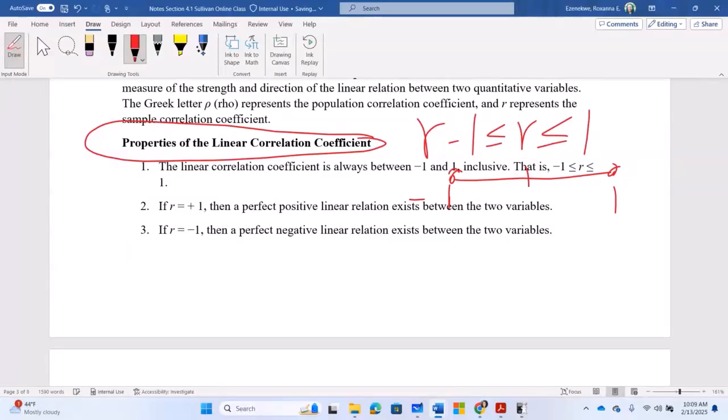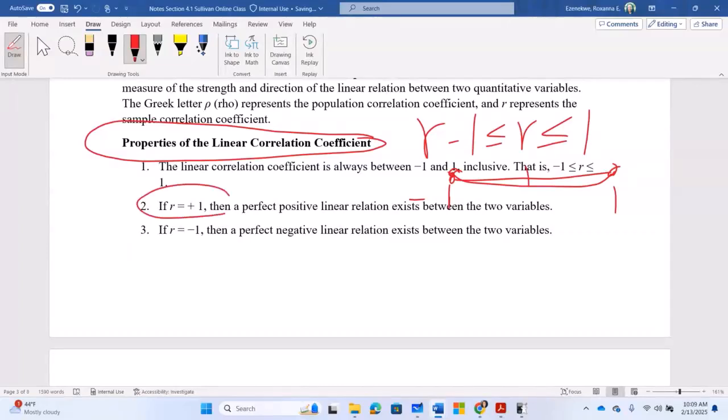So the coefficient of correlation can be -1, -0.9, -0.5, and so on between here and here. The linear correlation coefficient is not allowed to be greater than 1. It's also not allowed to be less than -1.